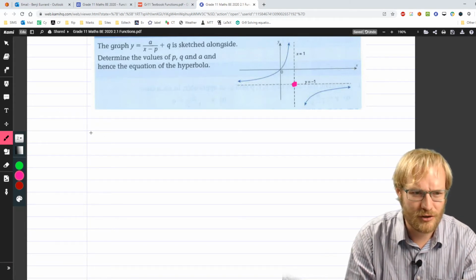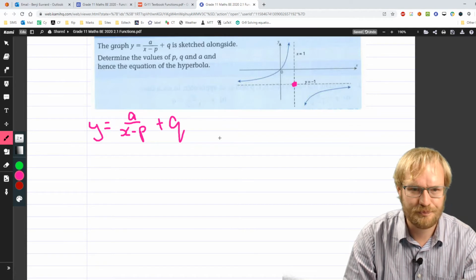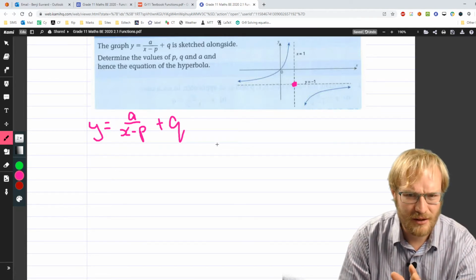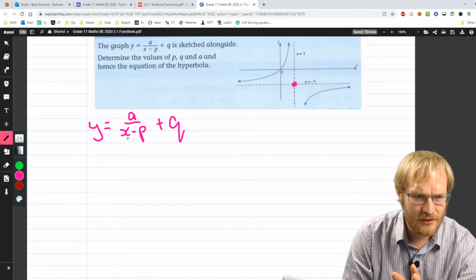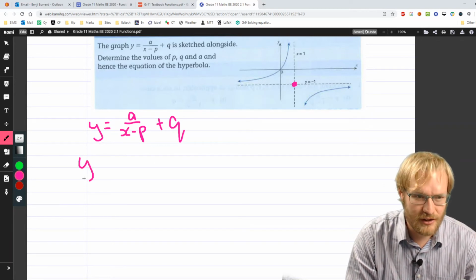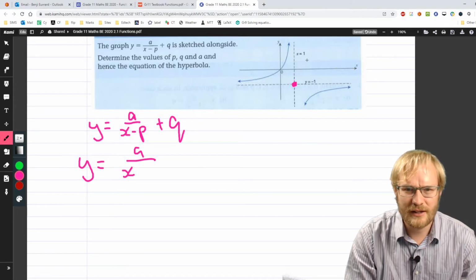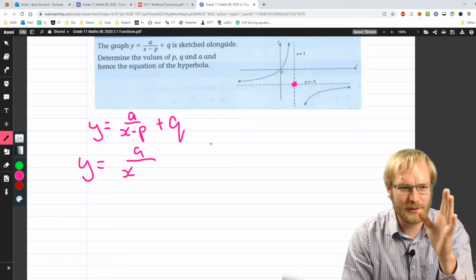So let's go. Y equals, they've given us, a over x minus p plus q. I think the hyperbola is almost easier because there's really one way to do this given the information we've got. The p value has to do with the x going left and right, so let's start with that. A over x minus something plus something else. Well, it's moved right by 1, so it almost feels like the opposite.